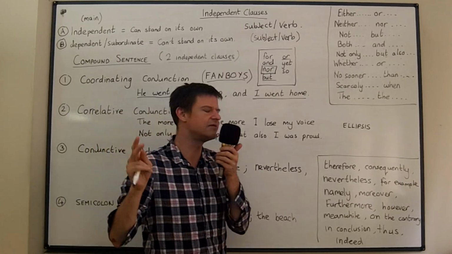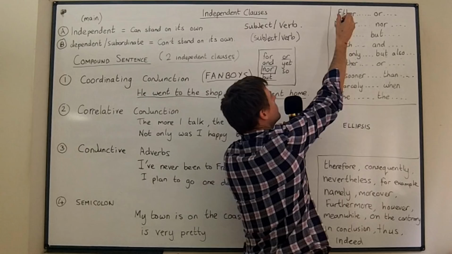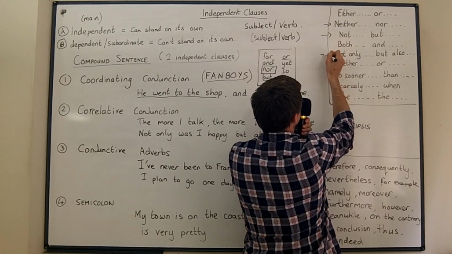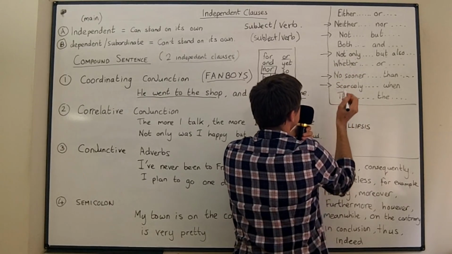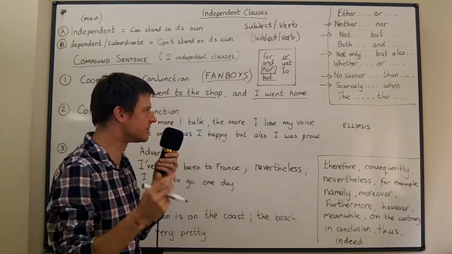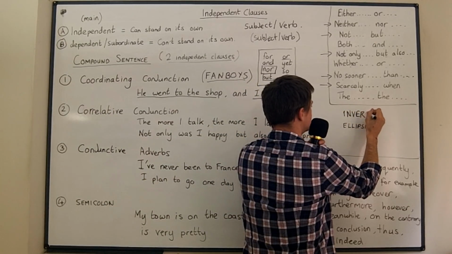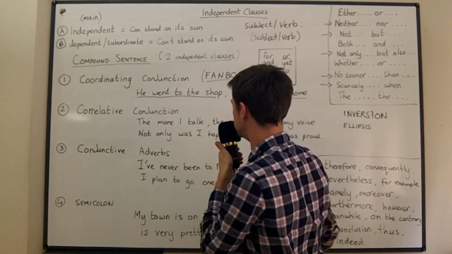So please remember that we often invert subject and auxiliary verb when we use, for example, this one, this one, this one. Notice it's all the negative ones. This one, and this one too. So that's something to remember. Inversion is very common in these forms, in these correlative conjunctions.